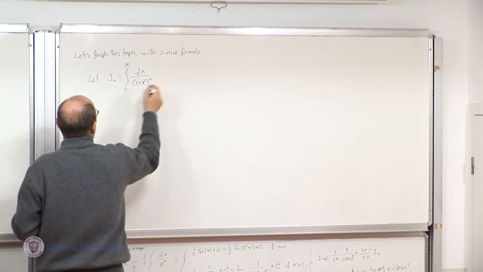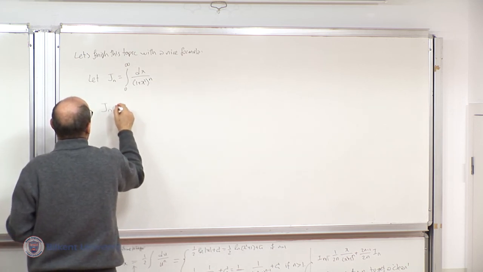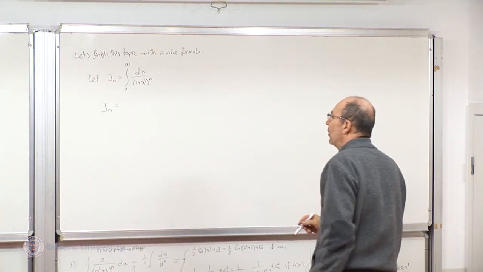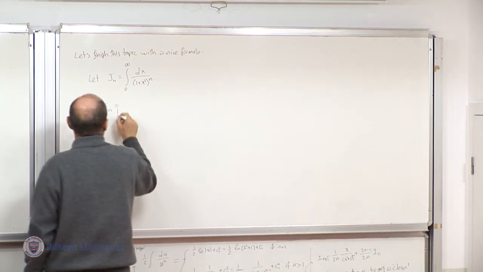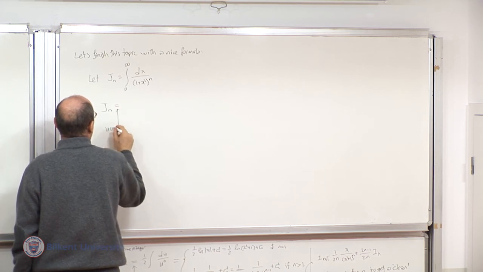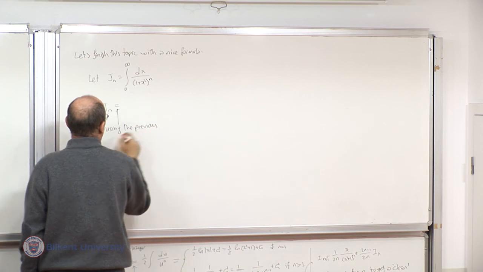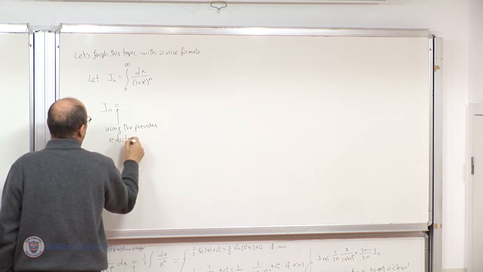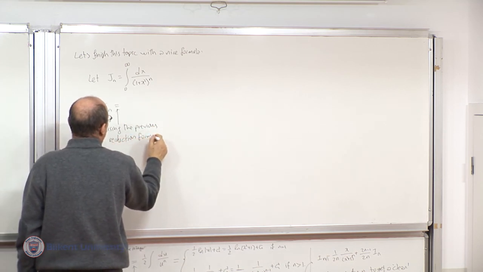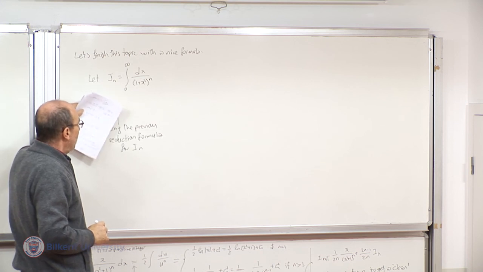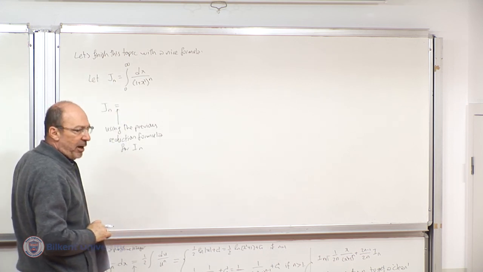So we know that J_n is equal to, now I'm using the previous reduction formula for J_n, because we forget about the integration limits for now.